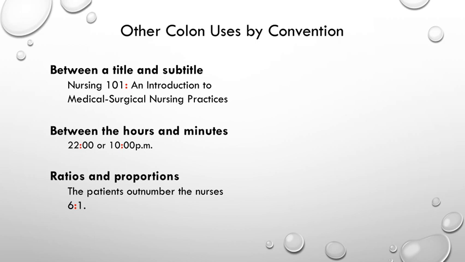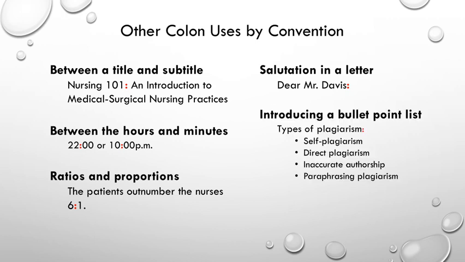And the colon would be read in this case, if someone were reading it out loud, they would read it as 6 to 1. You can use it as a salutation in a letter. So again, you could use a comma here also, but a colon is viewed as a little more formal when you're saying, Dear Mr. Davis, or just Mr. Davis, colon, and then you start your letter or email, as we're in the tech days these days.